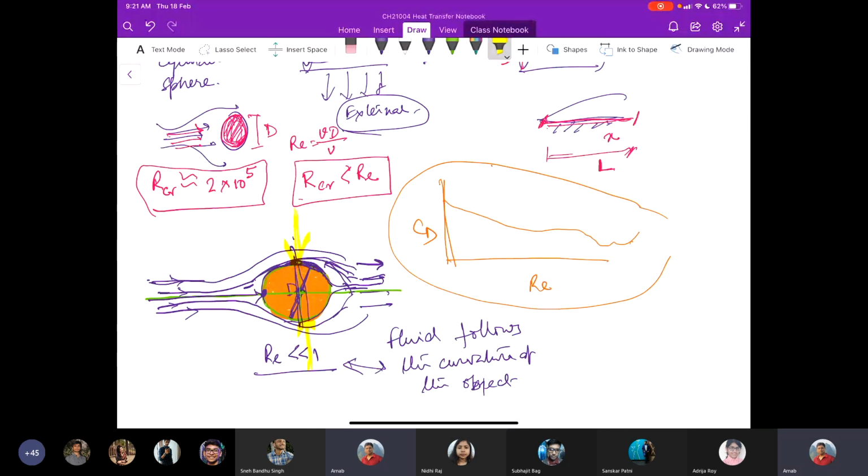Now, as the boundary layer detaches from the surface, that means a separation point occurs at the rear end. So what will happen? The flow will not wrap around exactly like it did for Reynolds number much lesser than 1, but it meets at a point in the rear end. If this is the frontal point and this is the rear end, it meets at a point which is far away from the surface of the object.